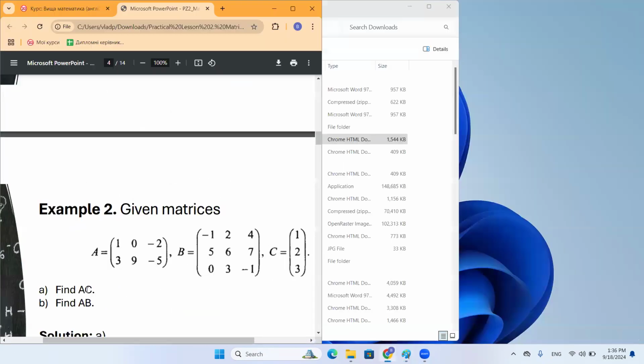What will be the dimension of A multiplied by C? Valeria? 2 by 1, because we have 2 rows in the matrix A and 1 column in C. Correct. Okay, so now let's calculate it together.